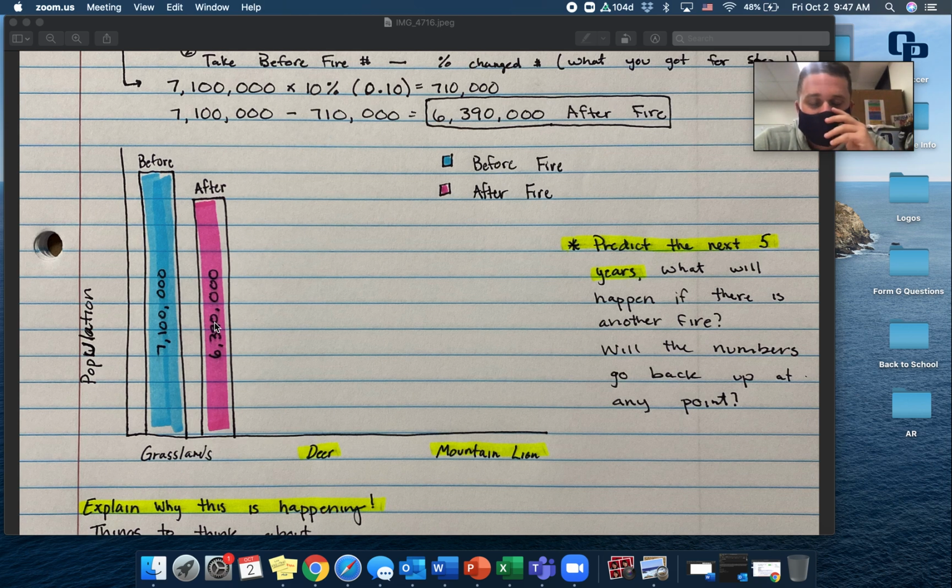The mountain lion population is going to rise as well, right? So in your prediction, you would say, well, the grasslands will grow back, therefore the deer have more food to eat. If the deer have more food to eat because they eat the grass, that's going to bring their population up. And the mountain lions, in return, eat the deer. If there's more deer to eat, the mountain lions are going to have that food.